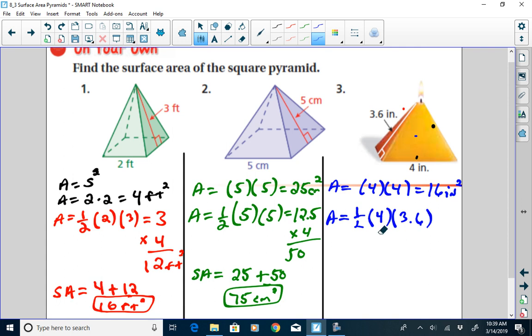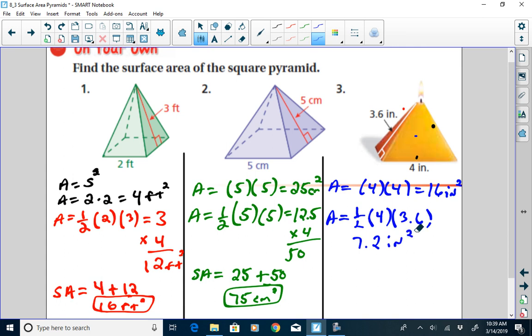Well, 1/2 of 4 is 2. 2 times 3.6 is going to be 7.2. So we get 7.2, and those are square inches.